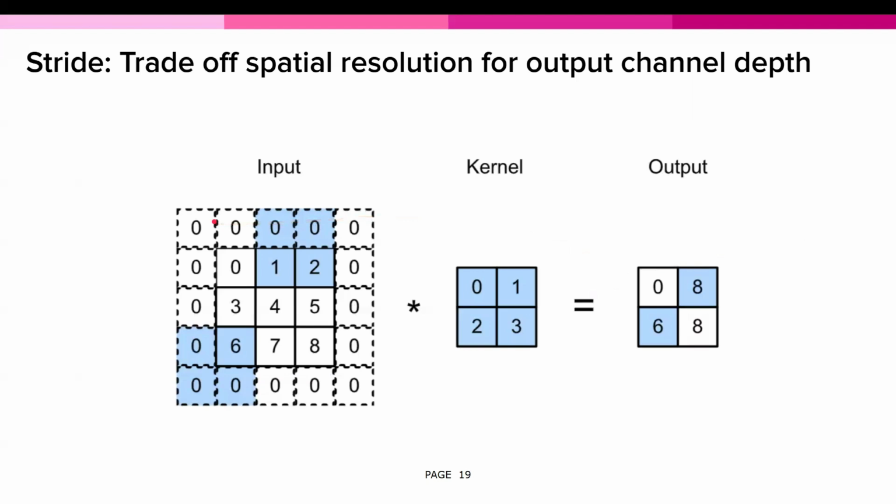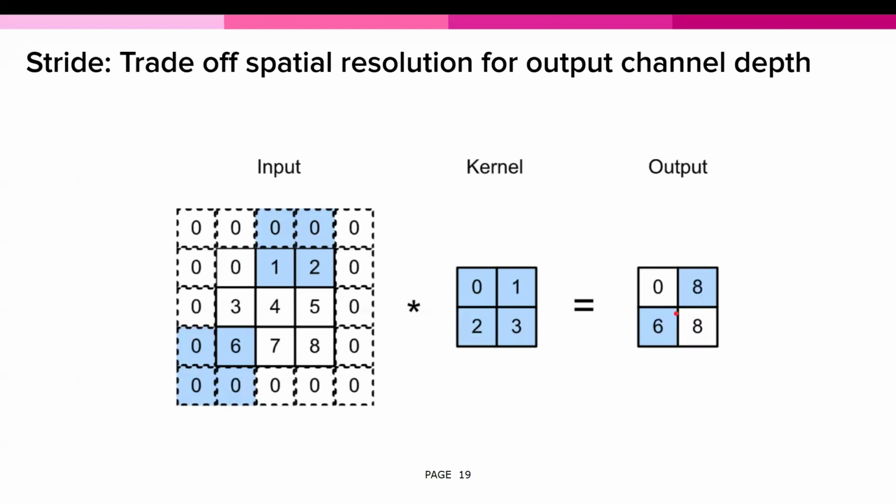So for example, if we start with an input image that's been padded with one layer of zeros and define a 2x2 kernel, and then with a stride of 2, instead of moving 1 pixel at a time, we're only going to pick out certain parts of the input image to apply to the output.